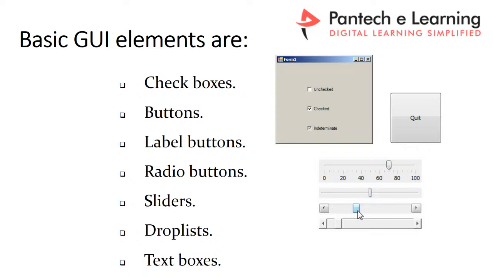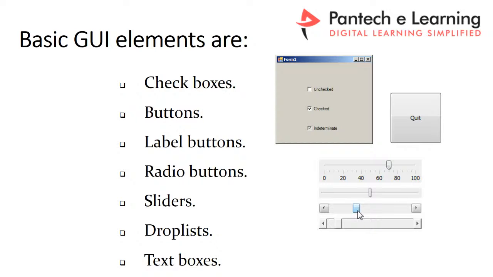Label buttons provide a label to each and every button, with different names or different functions. Radio buttons are used to select the default functions, similar to the checkbox, but in a checkbox we can select multiple options, whereas in radio buttons we can select only one function.